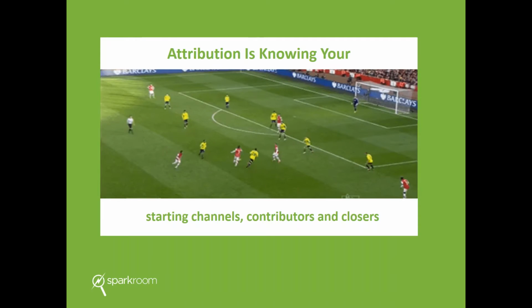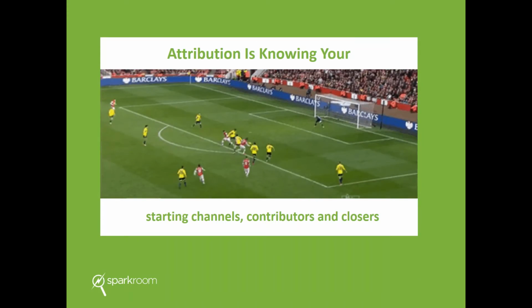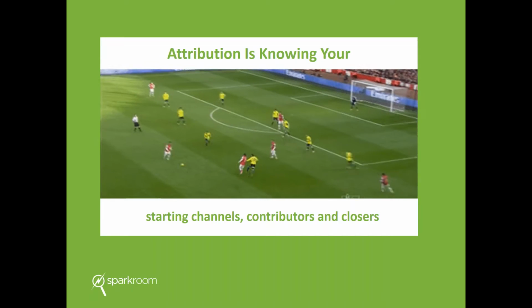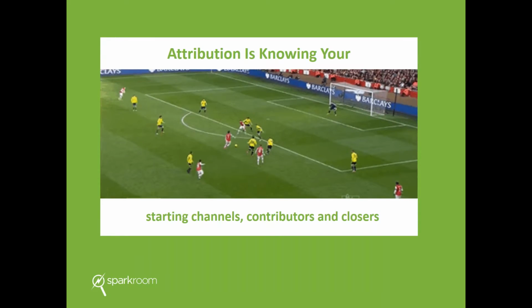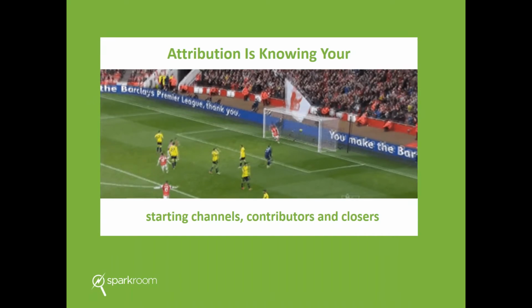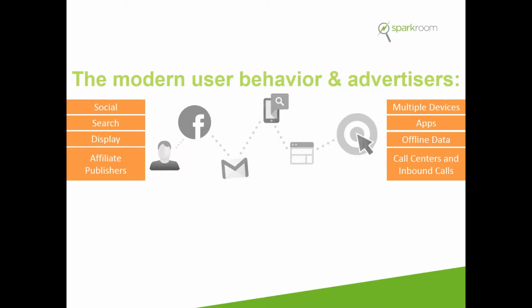The analogy here is similar to a sports team that has to pass the ball. Someone has to initiate that pass and then pass it along until the forward scores, in this example of a soccer team. So understanding user behavior, the modern user behavior, is the first part in getting a handle on cross-channel attribution.